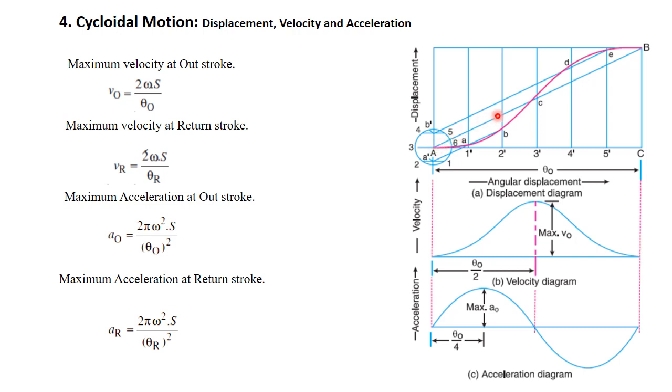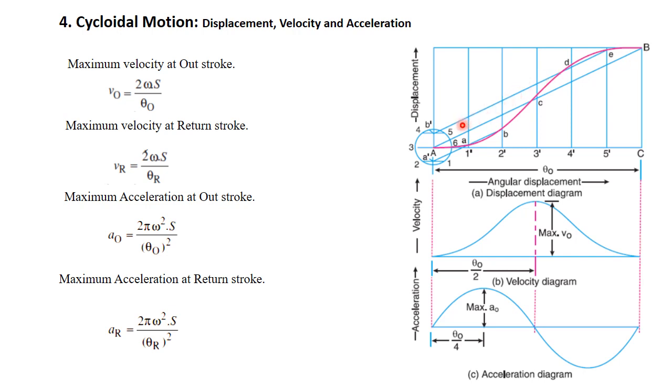This line intersects 3 dash at point C. So we locate the intersection point as small c, and the same line intersects with 6 dash at point capital B. So we get 2 points here, small c and capital B.